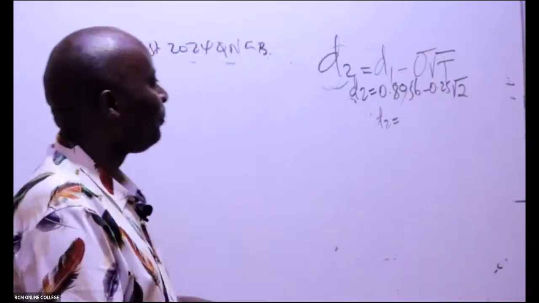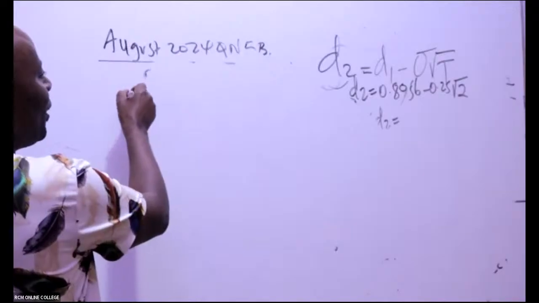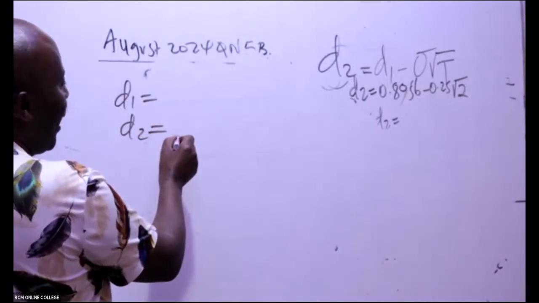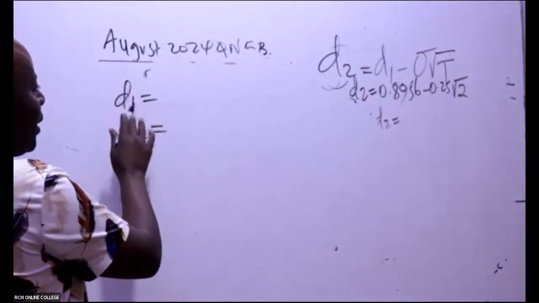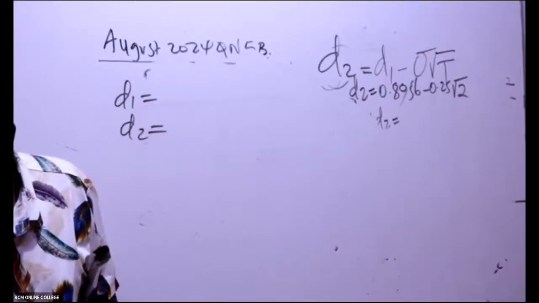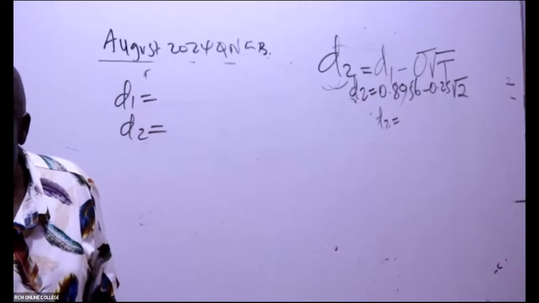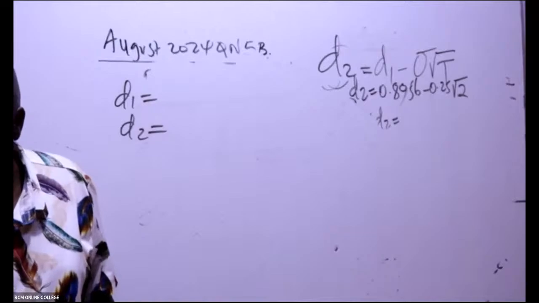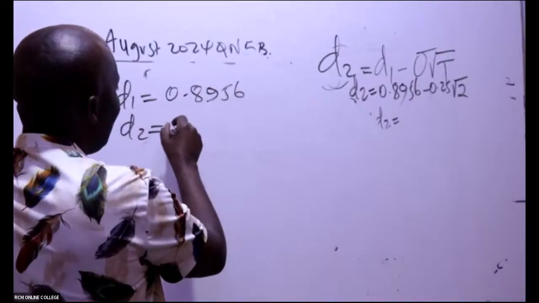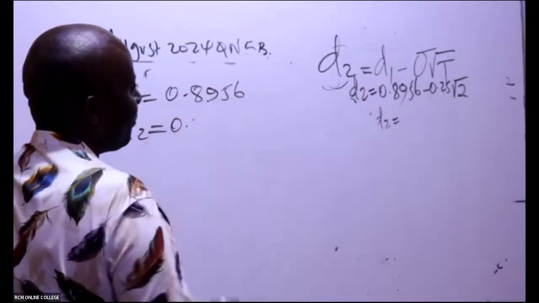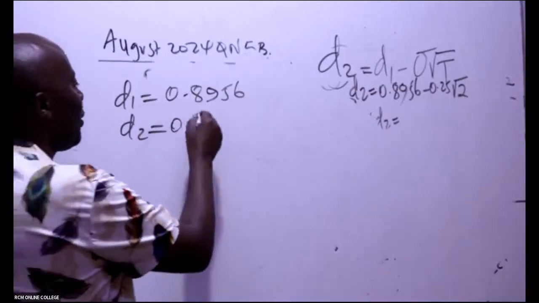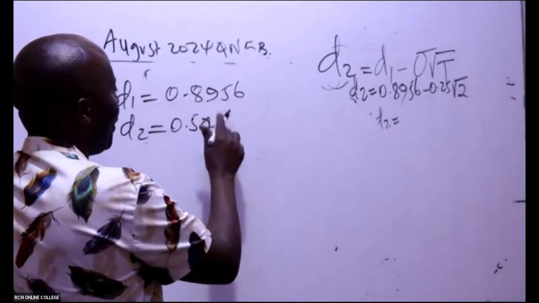Same thing. So then we have our D1 figure and we have our D2 figure. Please remind Mwalimu, what is our D1 figure? Next is normalization, isn't it? So D1 figure is 0.8956, and D2 is 0.5421.